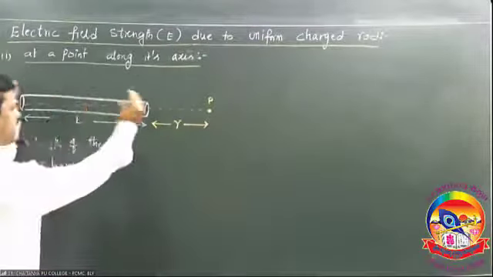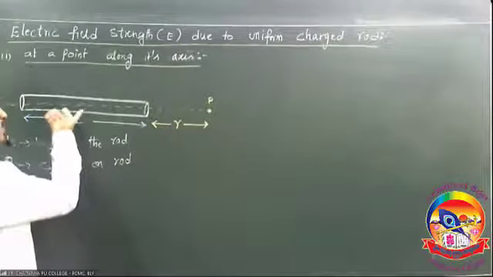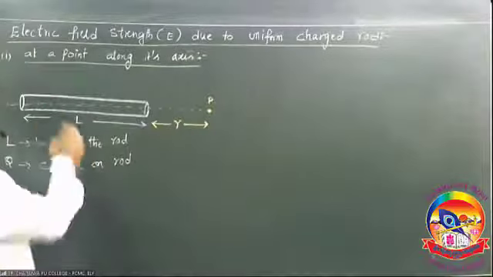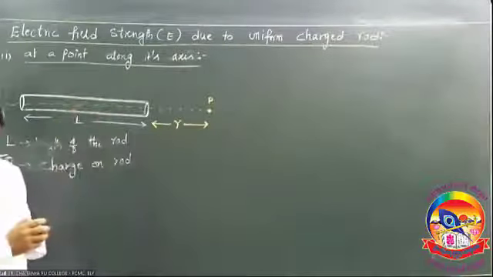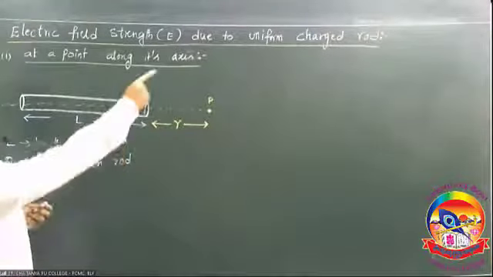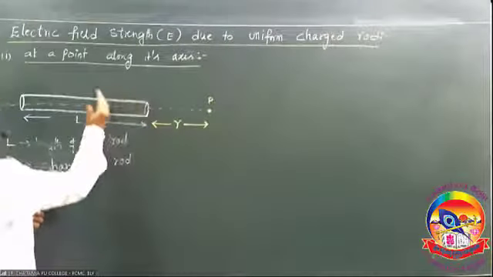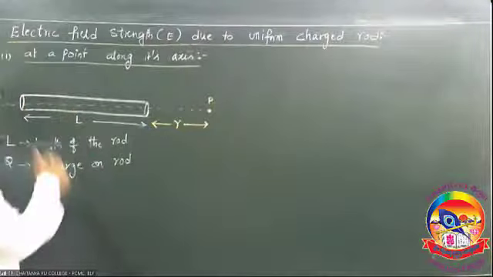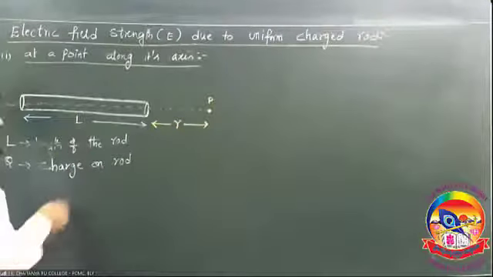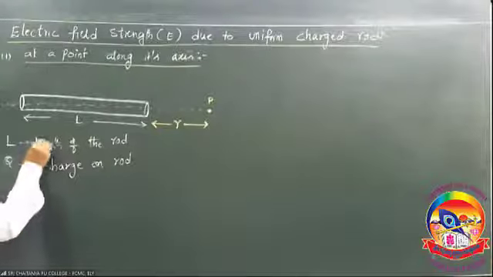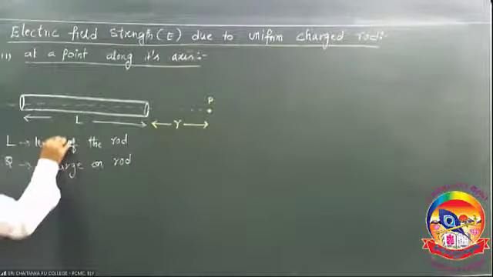It is an extended body, and it is also called as charge distribution. And here, how is the charge distributed on the rod? Uniformly. Uniform charged rod means at any portion you take on the rod, the charge whatever Q is there, it is distributed uniformly on the rod.